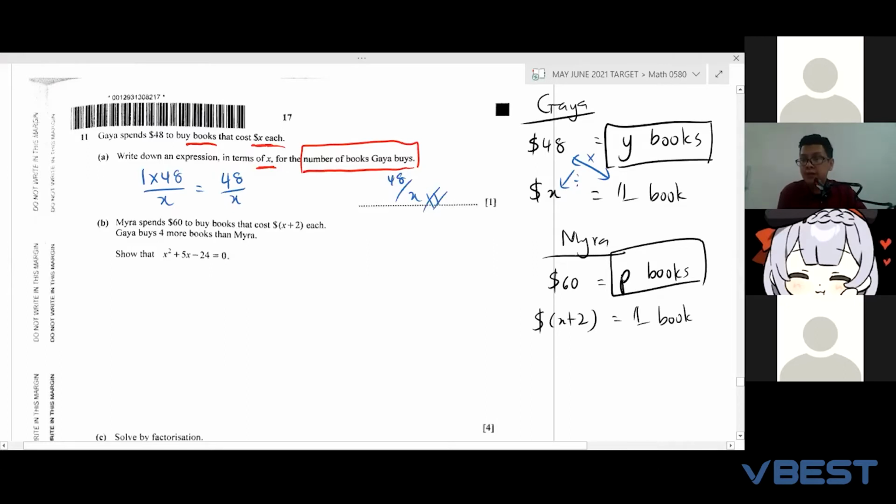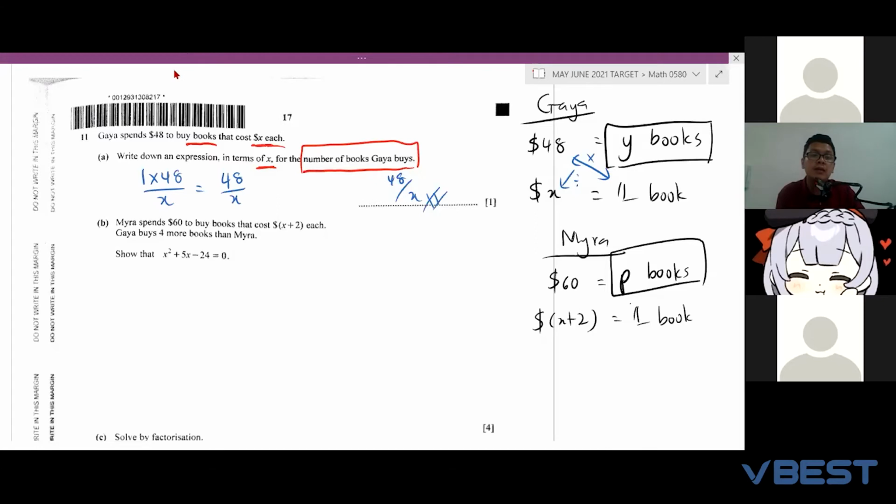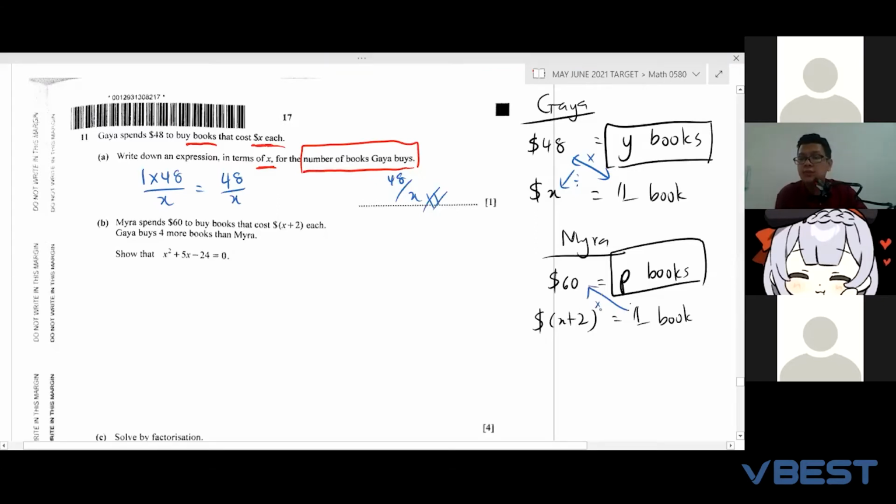So for Myra, the method is the same: multiply and divide. It would be 1 multiplied by 60 divided by X plus 2. So this term is going to be 60 over X plus 2. That's for Myra.